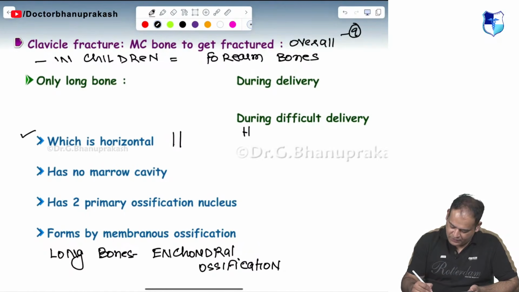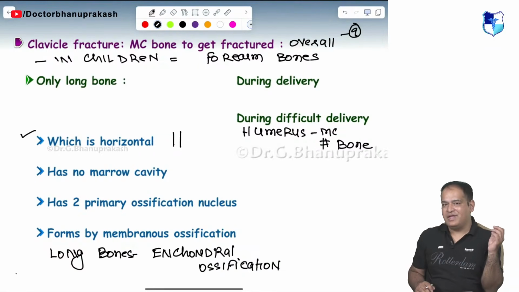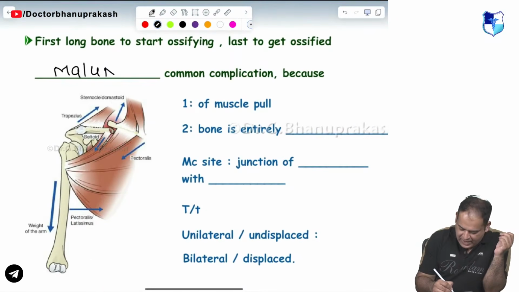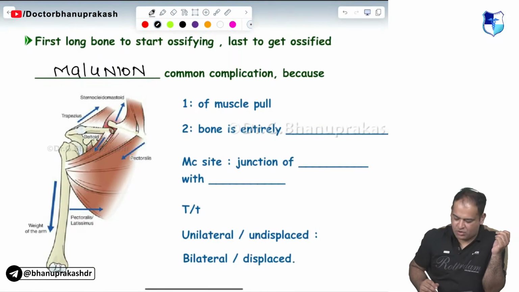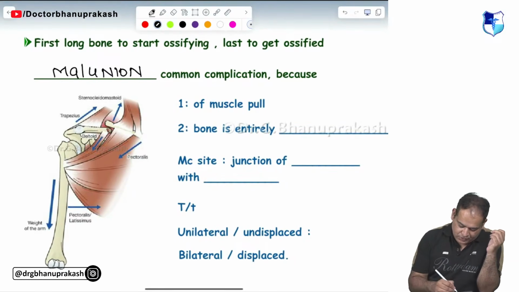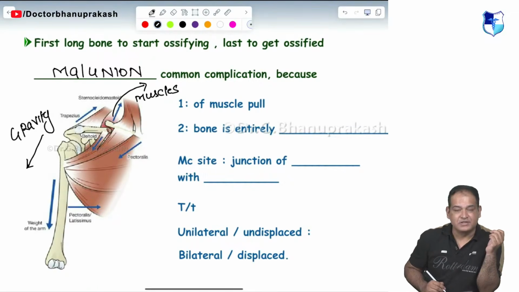But during difficult delivery, humerus is the most commonly fractured bone, right? Now, malunion is the common complication. Why? Because the outer fragment is pulled down by gravity, the inner fragment is pulled up by the muscles.